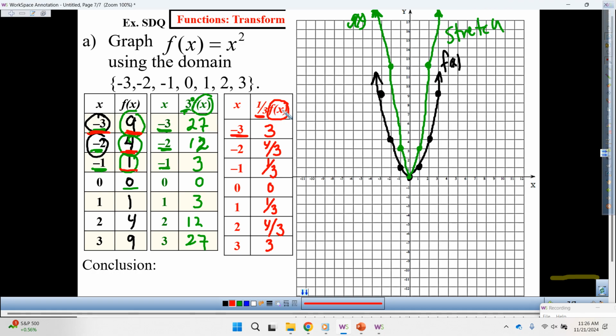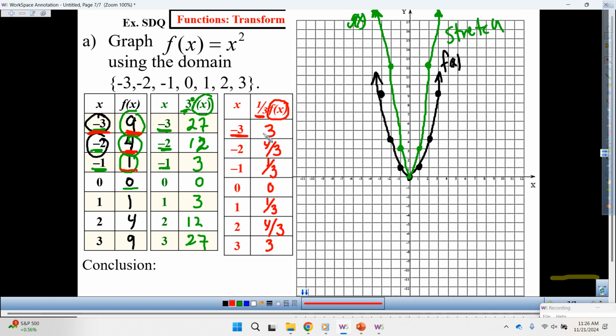No, this is 1/3 times f of x. So what was f of x over here? 9 times 1/3 is 9/3, which is 3. That is correct. 4 times 1/3 is 4/3. 1 times 1/3 is 1/3, and so on and so forth.